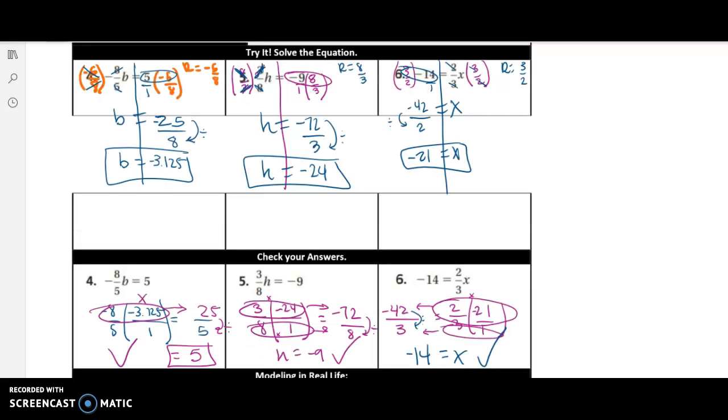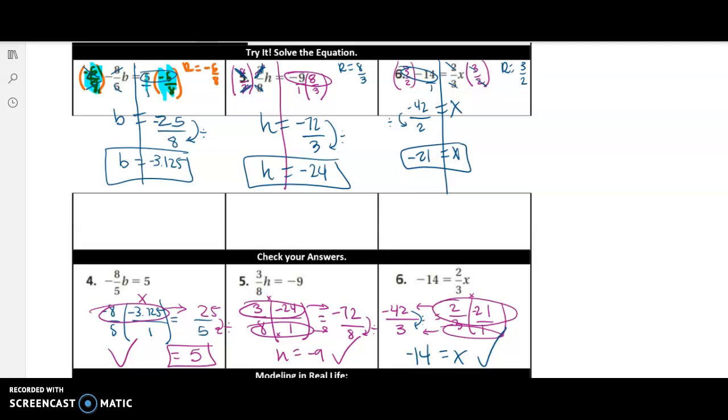All right, for number 1, we had negative 8/5. We are going to use the reciprocal, so that's negative 5/5, and we multiply that on both sides. And when we do that, we get this side to cancel, so the left side is just b, and then 5 times negative 5 is negative 25, and 1 times 8 is 8.